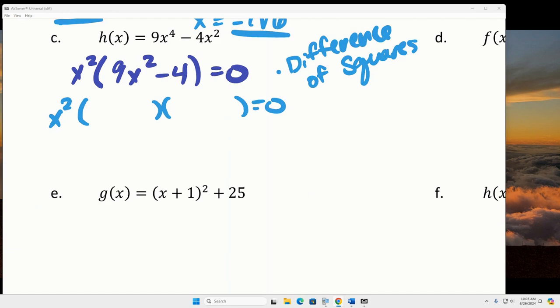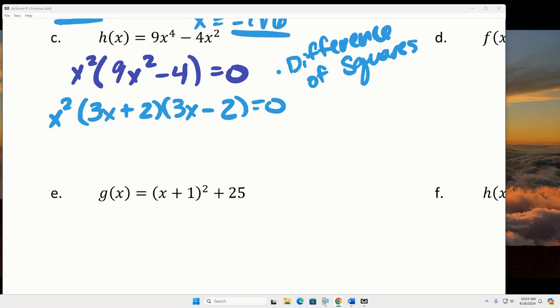So what's the square root of 9x squared? 3x. So we do 3x and 3x. One's a plus and one's a minus. And then you do the square root of 4, which is going to be 2. So 2 and 2.